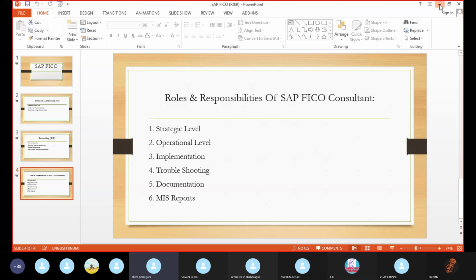At the strategic level, the main objective of the consulting company is to plan the project. The SAP FICO consultant comes in and tries to gather all the client business information and understand the business processes.